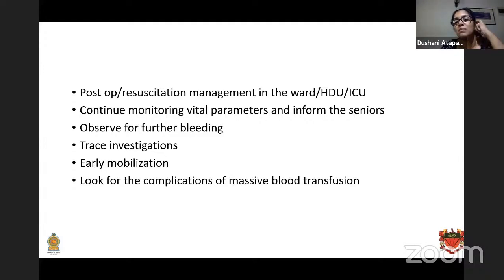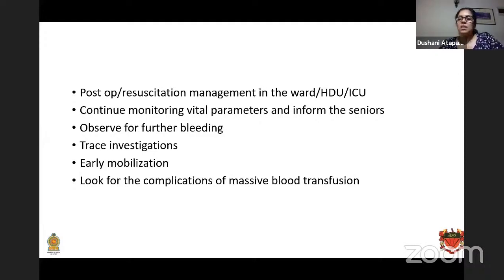The patients may have dilutional coagulopathy and other complications like TRALI, transfusion-related acute lung injury. That will further lead to ARDS and even death following massive transfusion.